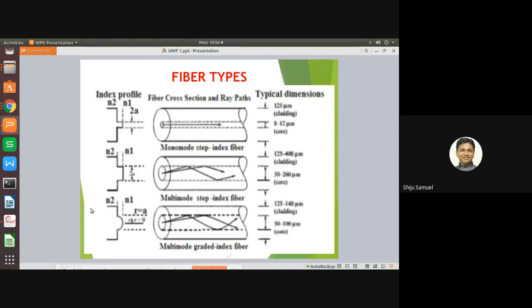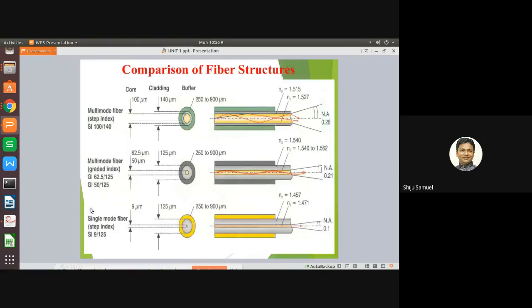Now in this diagram you can observe a clear comparison of fiber structures. The last diagram is the single mode step index fiber. In this third diagram, the numerical aperture is 0.1 only.